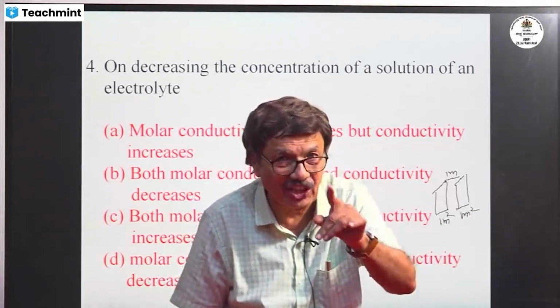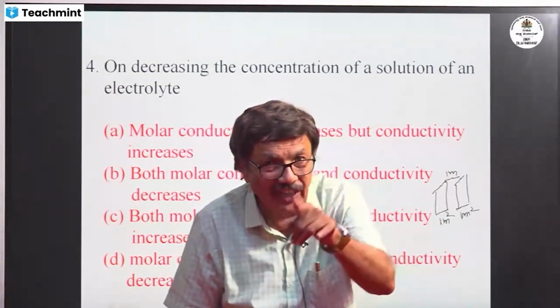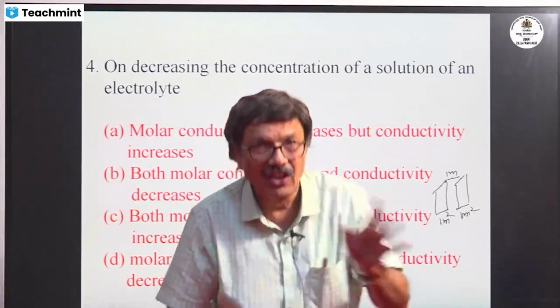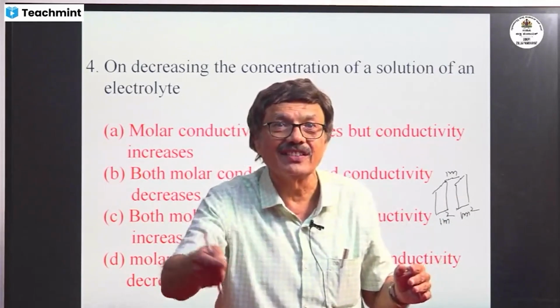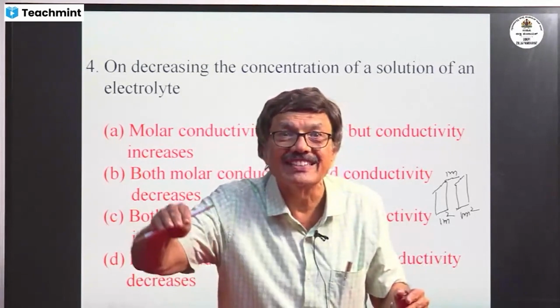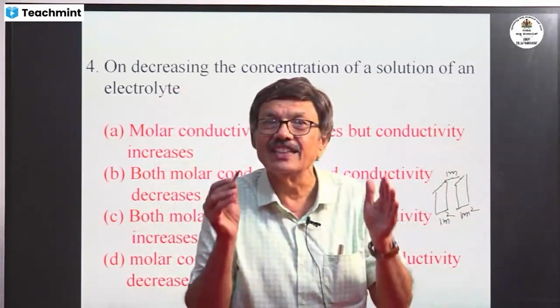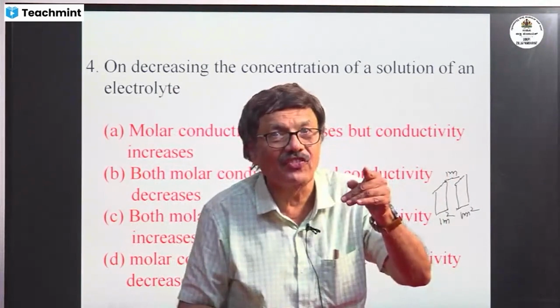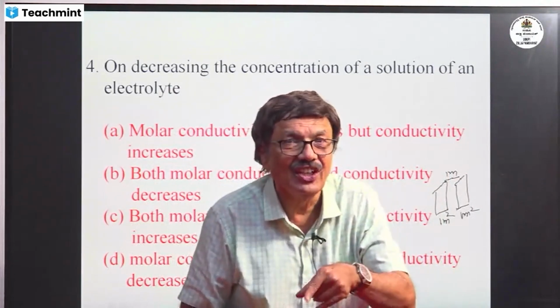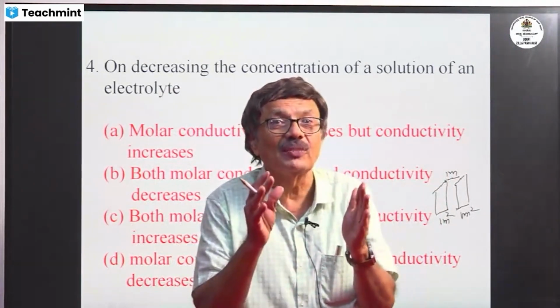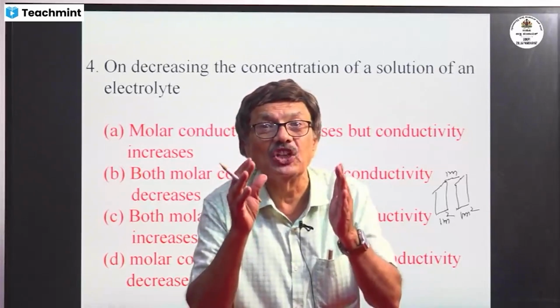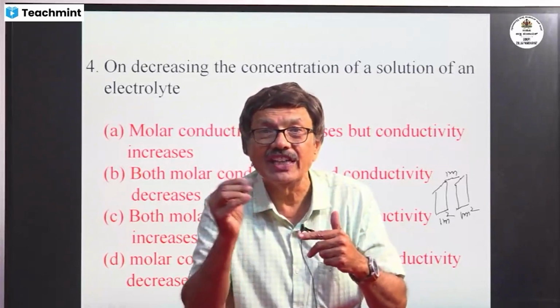So conductivity of a solution decreases on decreasing the concentration, which is nothing but increasing the dilution. Understood? Why? Because the number of ions present in a meter cube of the solution decreases on dilution.